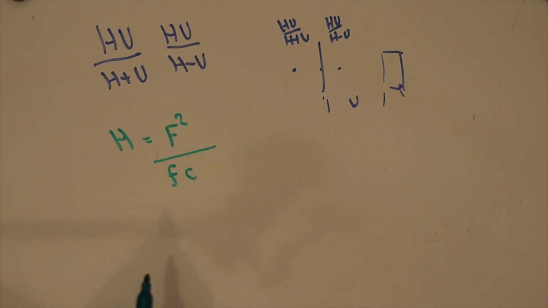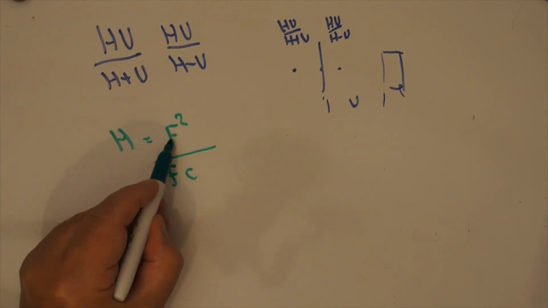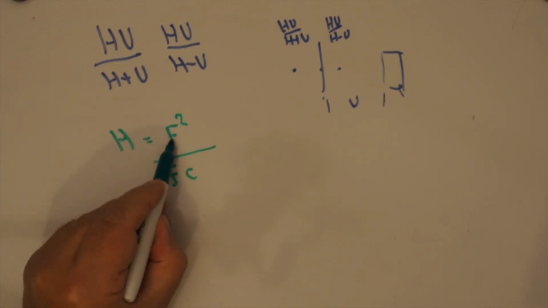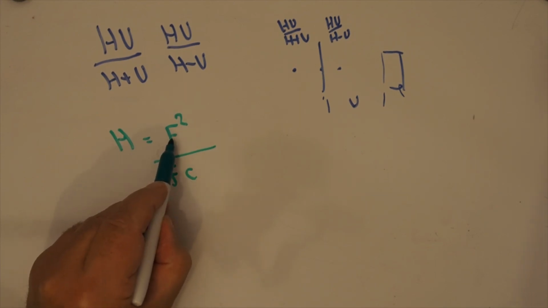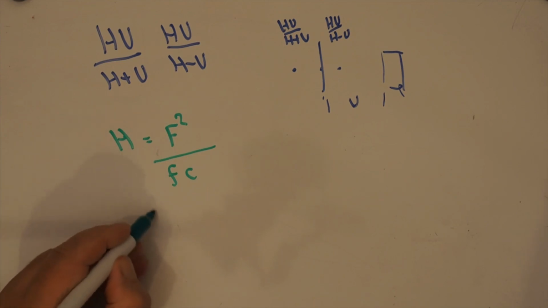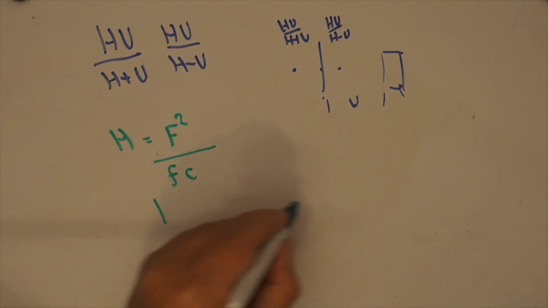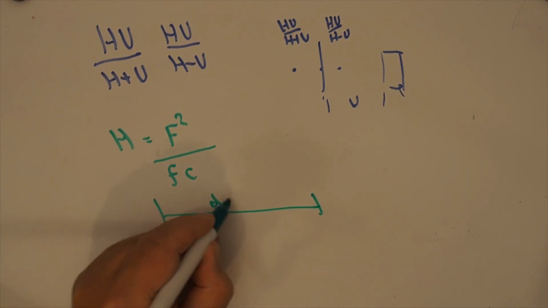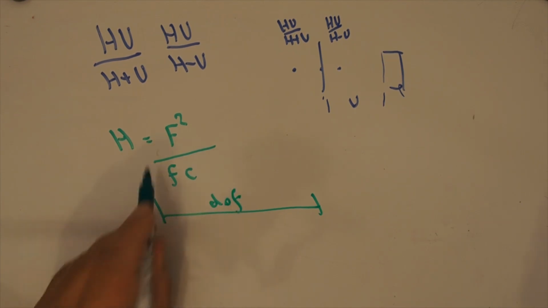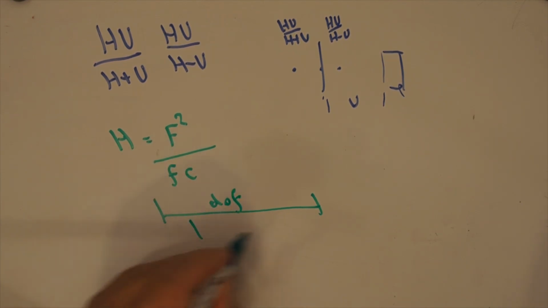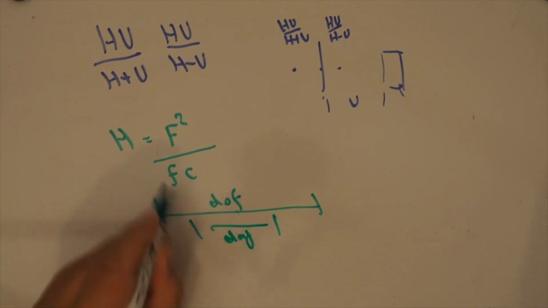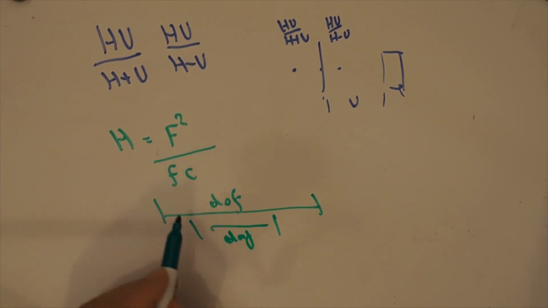Having run a few figures through it, what I can say is that if you lower this number, which is the focal length of the lens, you get more depth of field than if this number is high for a given f-stop.